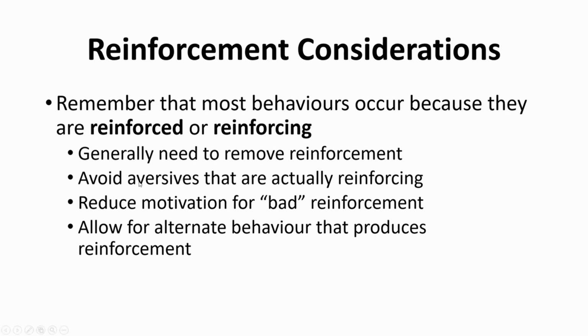So keeping this in mind, we might want to choose our punishers or our aversives a little bit more carefully. We want to make sure that any punisher that's being used isn't actually reinforcing as well. Something like scolding a child in front of their peers, while that might be aversive in that they're being scolded, there might also be a reinforcing side of that if their friends think that them acting out is also cool.